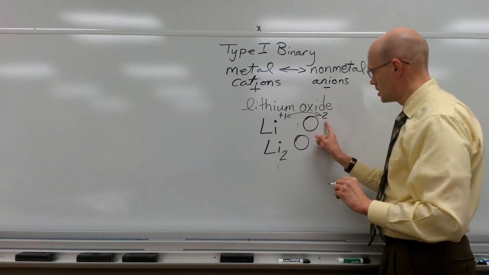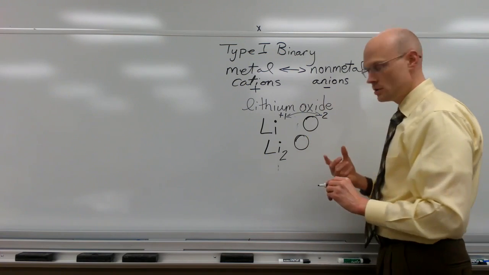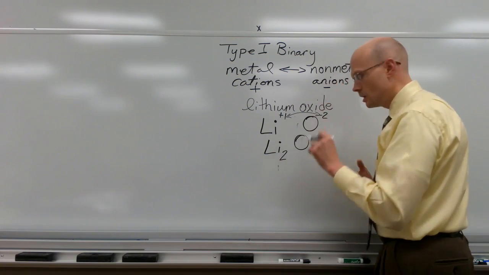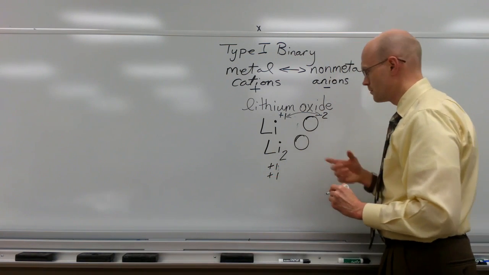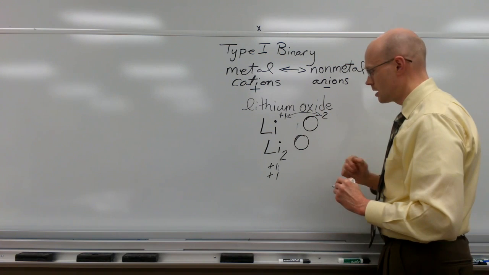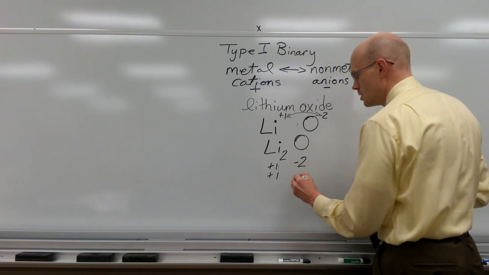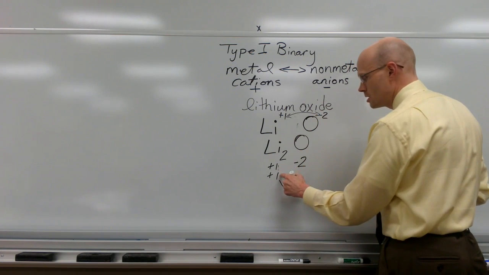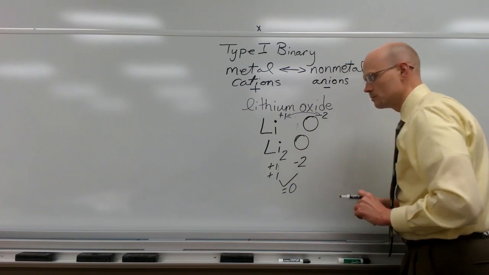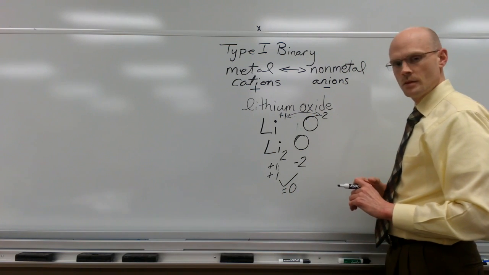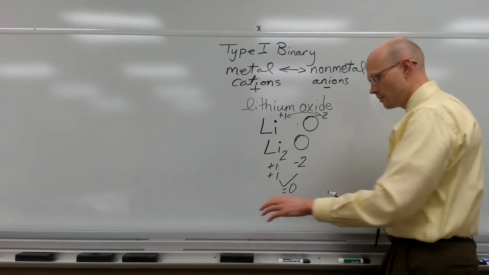See how we crossed the 2 over, the 1 over? Because that would tell us that if we have 2 lithium ions, +1 and +1, it's the representative charge of each ion there, and the single oxide with a -2, we know then that 1 + 1 - 2 is equal to 0. Charge neutral. Okay? Charge neutral.